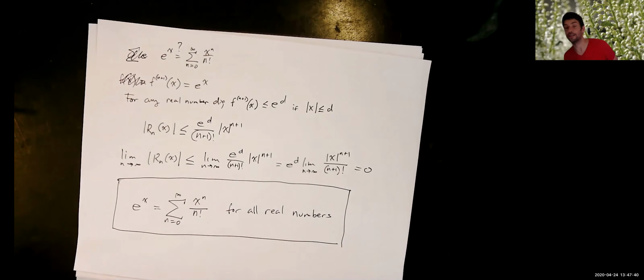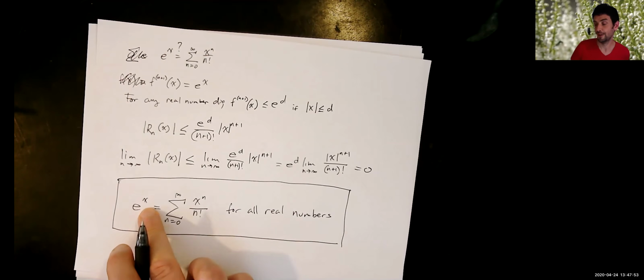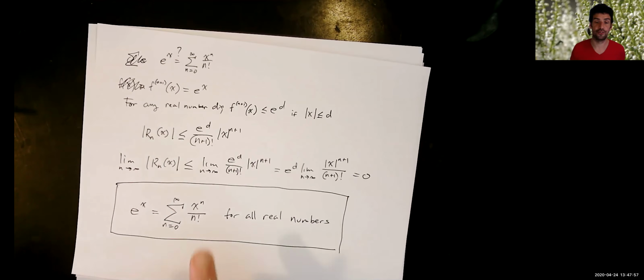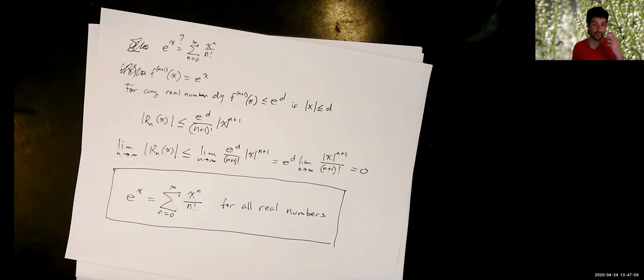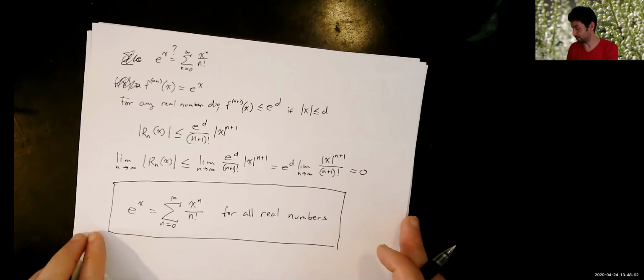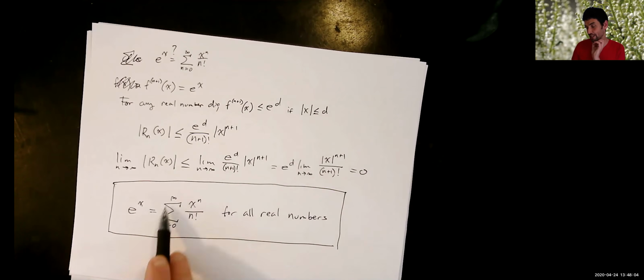Or in the instance of computing, it's a way that we can get calculators to compute e to the x for us, right? A computer might not know how to do e to the 1.795, but it does know how to multiply numbers and divide numbers and add numbers, right? That's something we've already been able to program them to do. And so we can compute series up to a point, right?